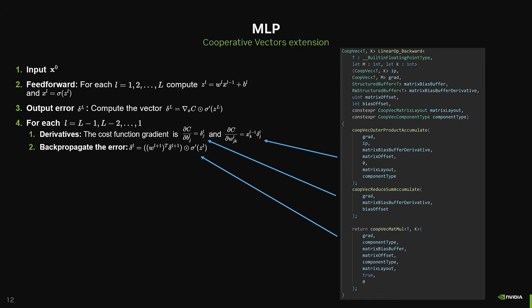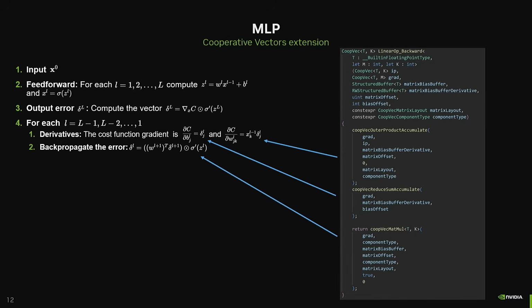We do that in batches, so we should accumulate all those gradient values. That's why those 2 functions have names ending with accumulate, because at the end of the calculation they do atomic accumulation for gradient components.